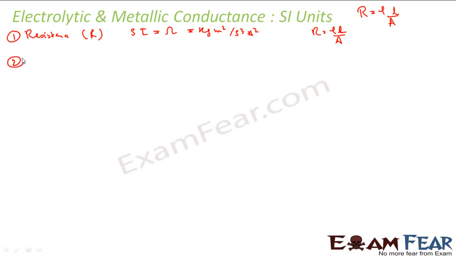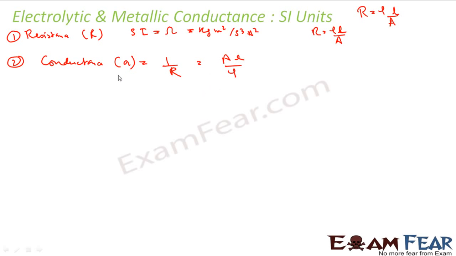The next is opposite of resistance, that is conductance. Denoted by G, that is nothing but 1 by R. And if you put the same formula, this becomes A by rho L. Correct?